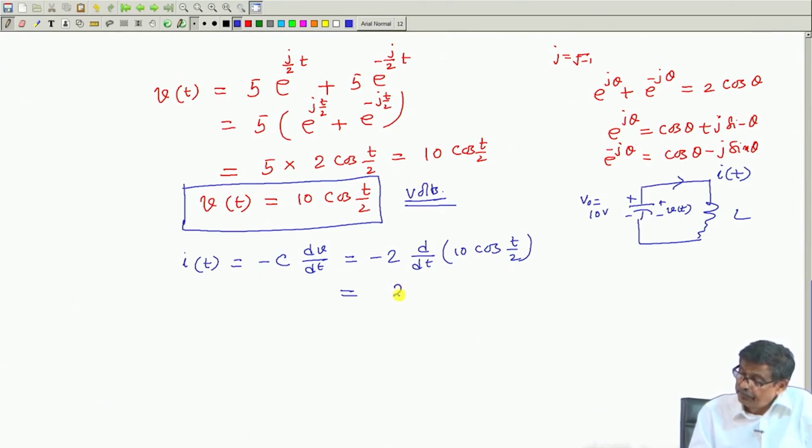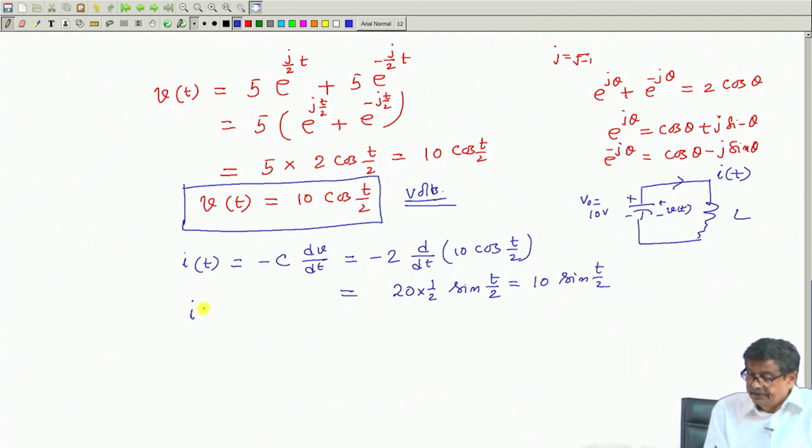So, it will be 20 into sine t by 2 into half, that is 10 sine t by 2. So, we write I t is equal to 10 sine t by 2.